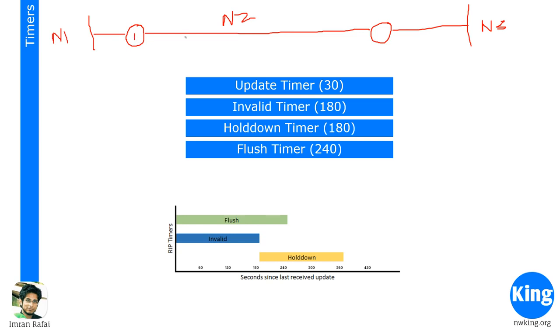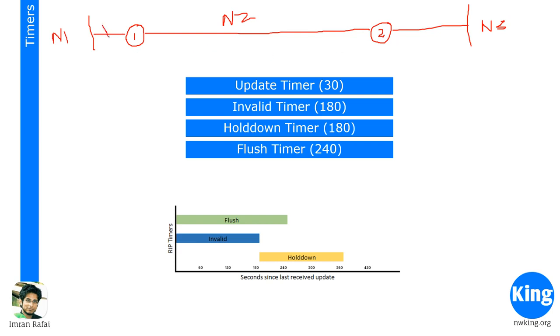Now router 1 tells router 2 that I know network 1 and network 2, so it sends the update. And router 2 tells router 1 that I know network 3 and network 2. Fine. So every 30 seconds, these both will keep exchanging their routing tables.